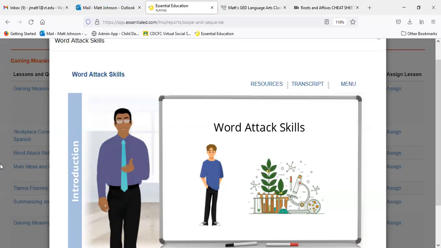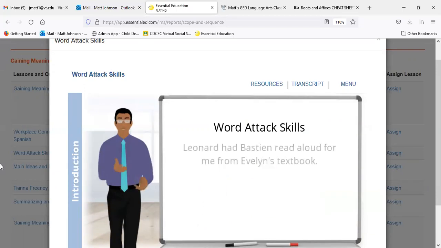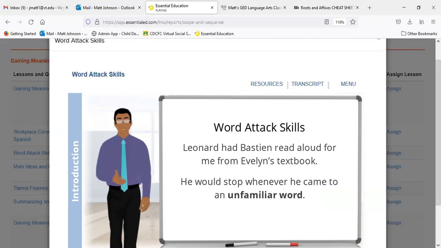I had a feeling that I knew what the problem was, so I had Bastian read it out loud for me from Evelyn's textbook. Sure enough, he would stop whenever he came to an unfamiliar word. Bastian's native language is French. He doesn't know as many English words as a native speaker. The problem wasn't that Bastian was a poor reader. The problem was that he was missing a few important skills. He didn't know how to deal with unfamiliar words.